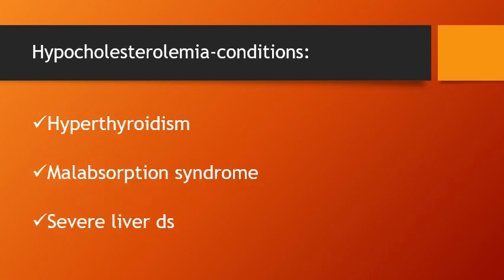And hypocholesterolemia is when the levels are less than 150 milligrams per deciliter, and conditions associated with this include hyperthyroidism, malabsorption syndrome, and severe liver disorders, because the synthesis of cholesterol is not taking place, because the liver is the main organ which is involved in endogenous cholesterol synthesis. So in these conditions, cholesterol levels will be less.